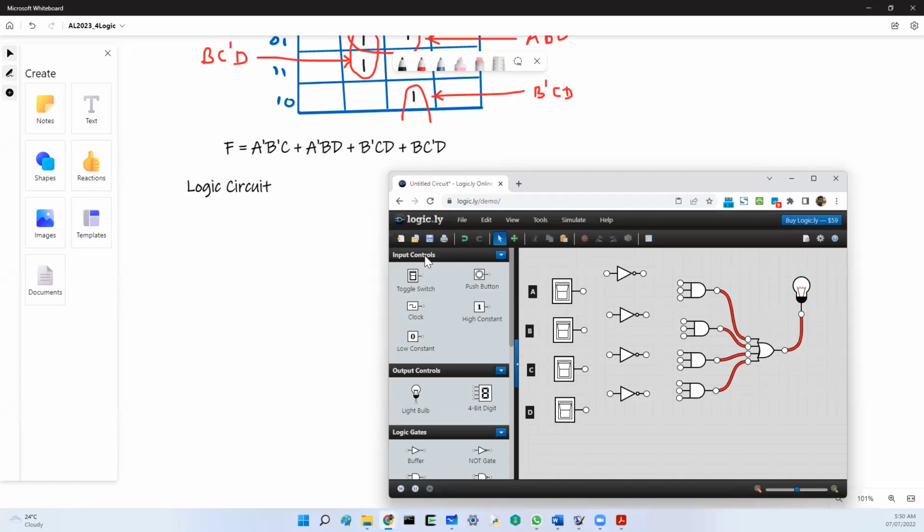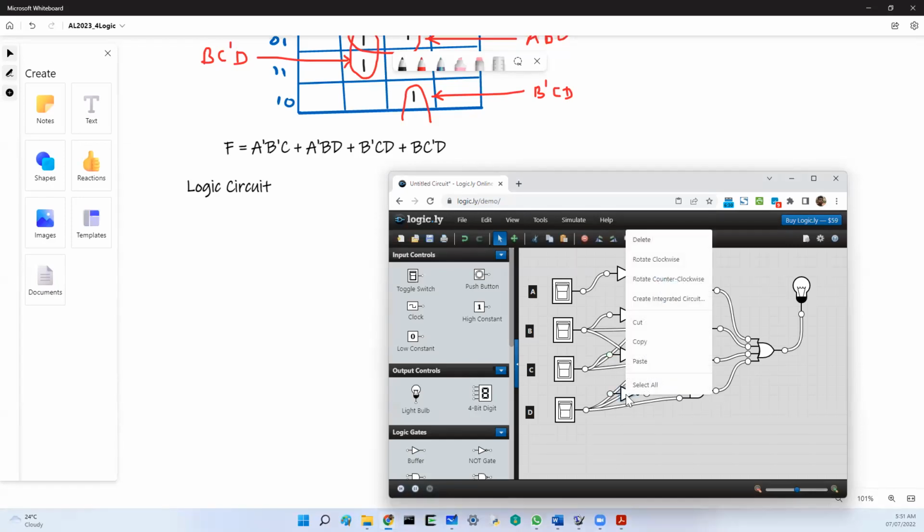The next one will be the circuit A dash B dash C. So we have A dash, we have B dash, then we have to have C. Then A dash B D, we have to have B, then we have to have D. Third one B dash C D, B dash, C and D. Next one B C dash D, so we have to have B, then C dash, then we have to have D. Right.